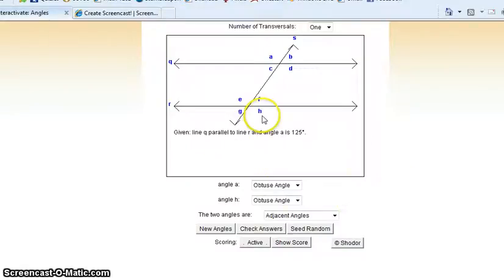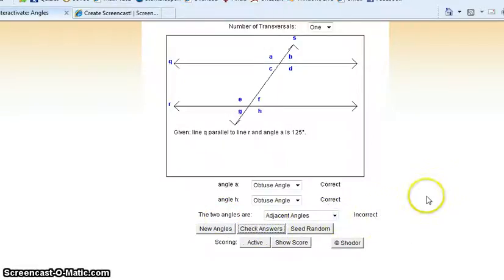And then we look at angle H, and we know that that's directly opposite A on R. It's the same thing. If you look at your other definitions, you'll also know that that's an obtuse angle. And so you're going to look and see what the two angles are, and you check your answers.